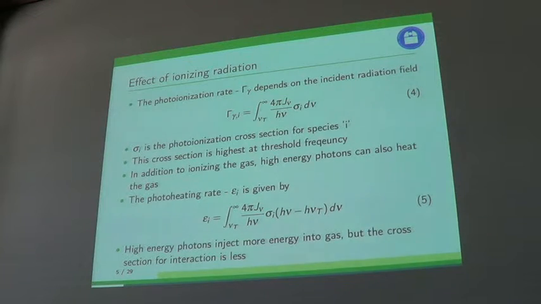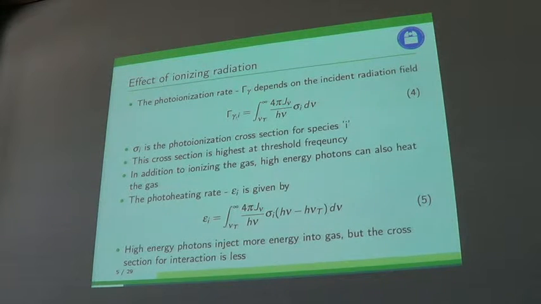What the radiation field can do in the gas is two different things: either it can photoionize the gas, thereby removing coolants, which is the most important effect, as we will see, or it can photoheat the gas.